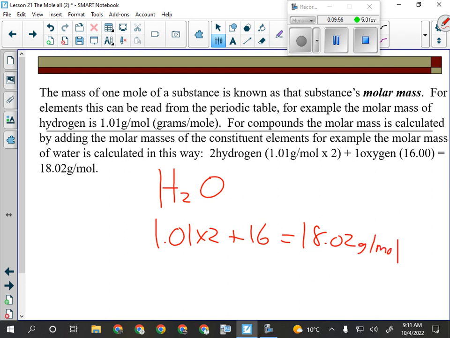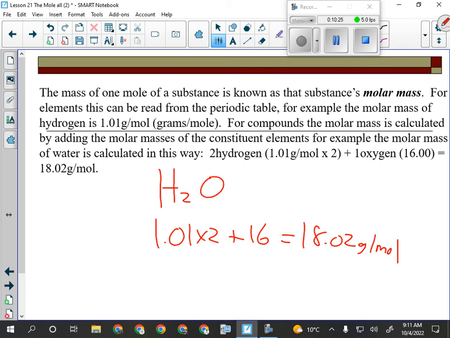That means that if I have just over 18 grams, that's 18 milliliters of water, so that's about a tablespoon of water, actually a teaspoon of water is 15 mils, then that would have 6.02 times 10 to the 23 molecules of water in it.